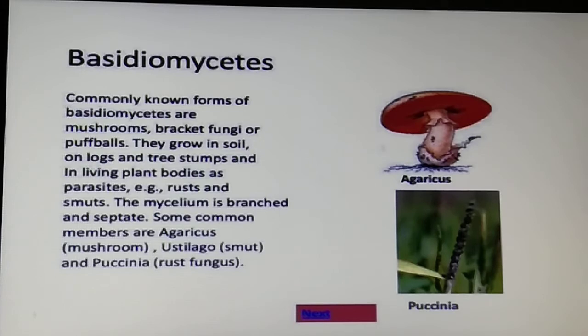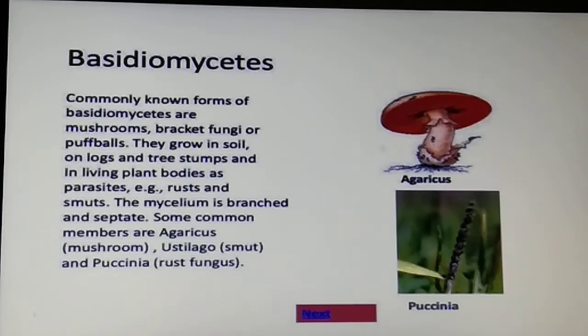So in the basidium, karyogamy takes place and meiosis division takes place, which results in the formation of 4 basidiospores. Now the basidia are arranged in fruiting bodies, and these fruiting bodies are known as basidiocarps. Some common members are Agaricus, Ustilago, smut, or Puccinia, rust fungus.